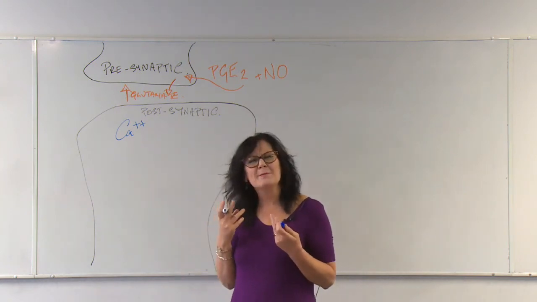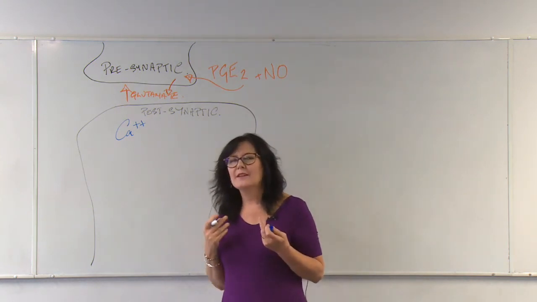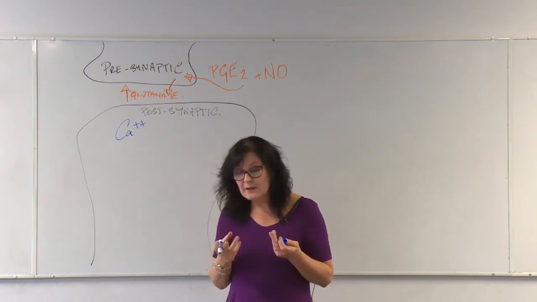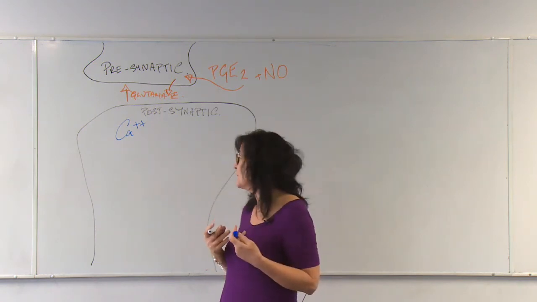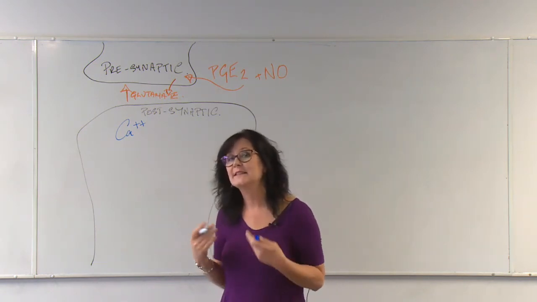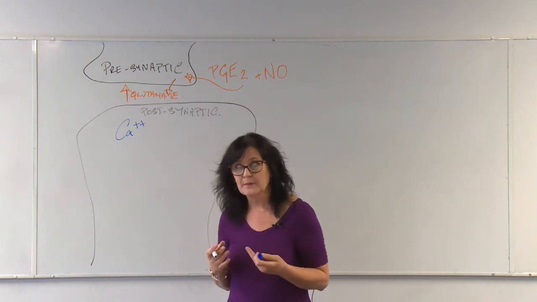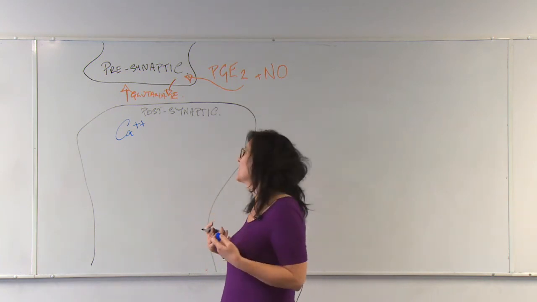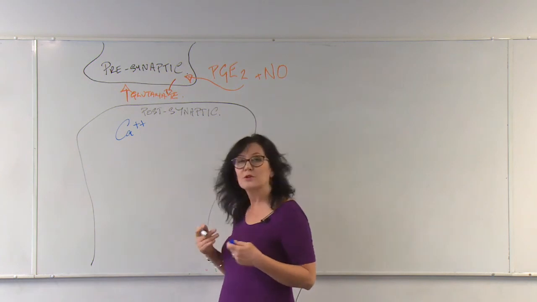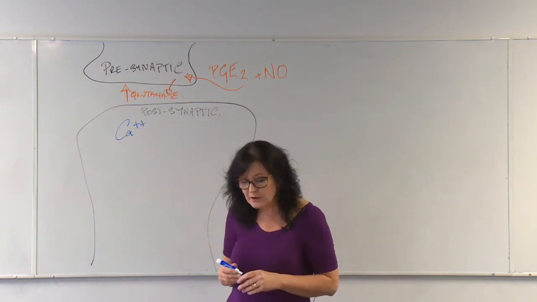And remember old IP3? IP3, second messengers. So we get IP3 produced, it binds to the endoplasmic reticulum, and we get a release of more calcium. So we've got all this calcium floating around, binding to calmodulin and becoming a signaling molecule.